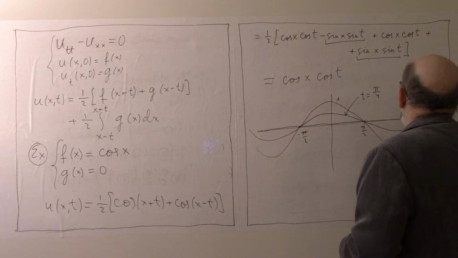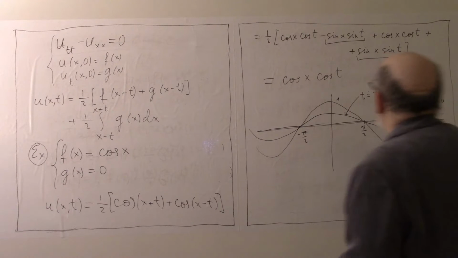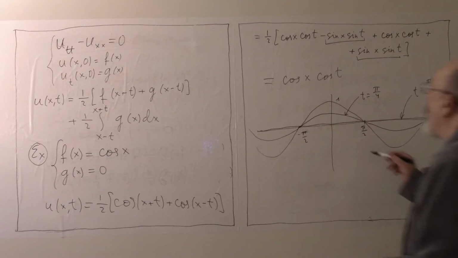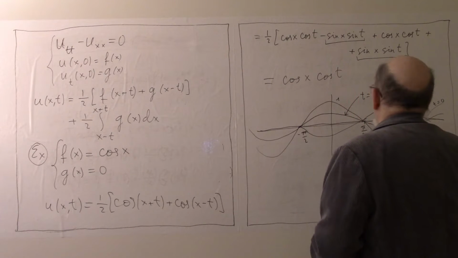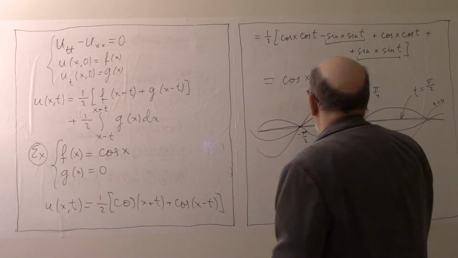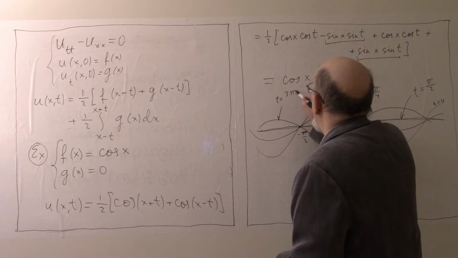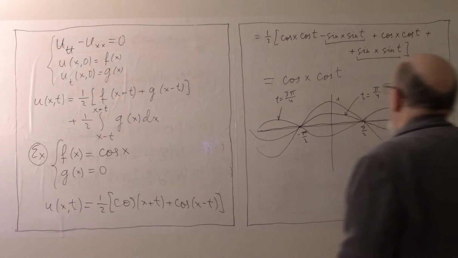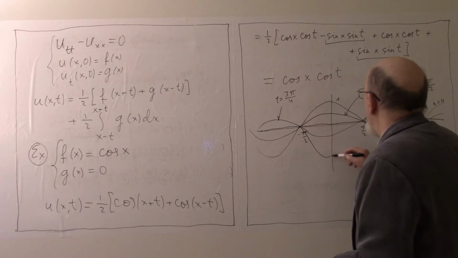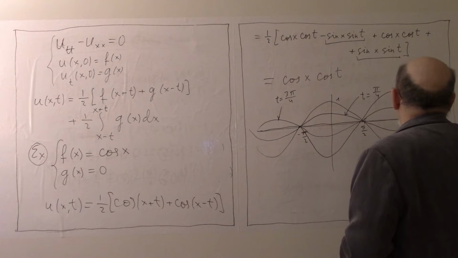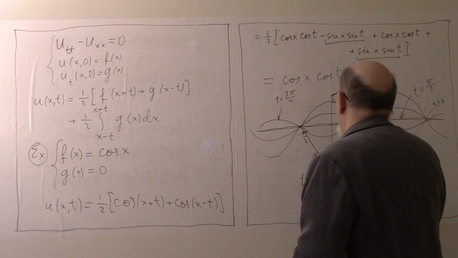For t equal 3 pi over 4, we have this situation. And for t equal pi, it will be minus cosine x, so the maximum is minus 1. This is t equals pi.